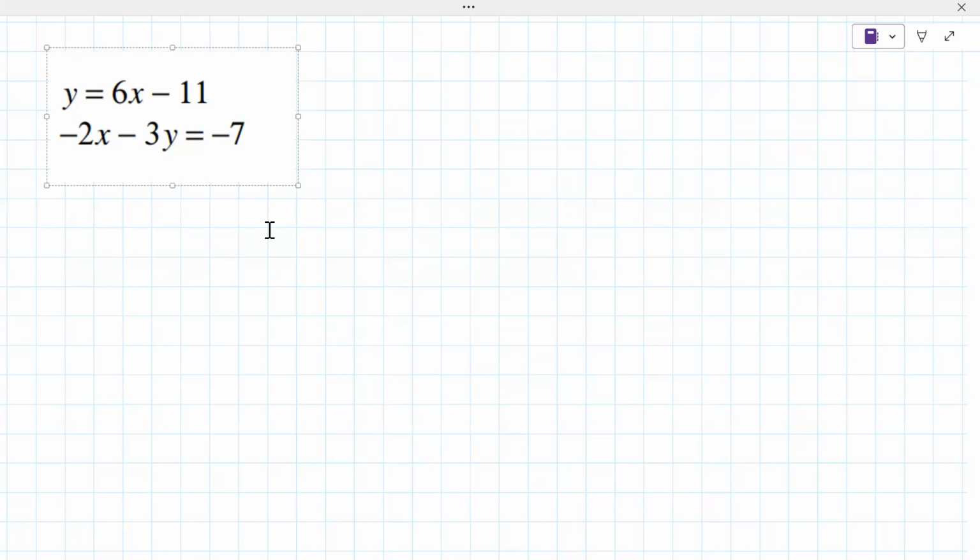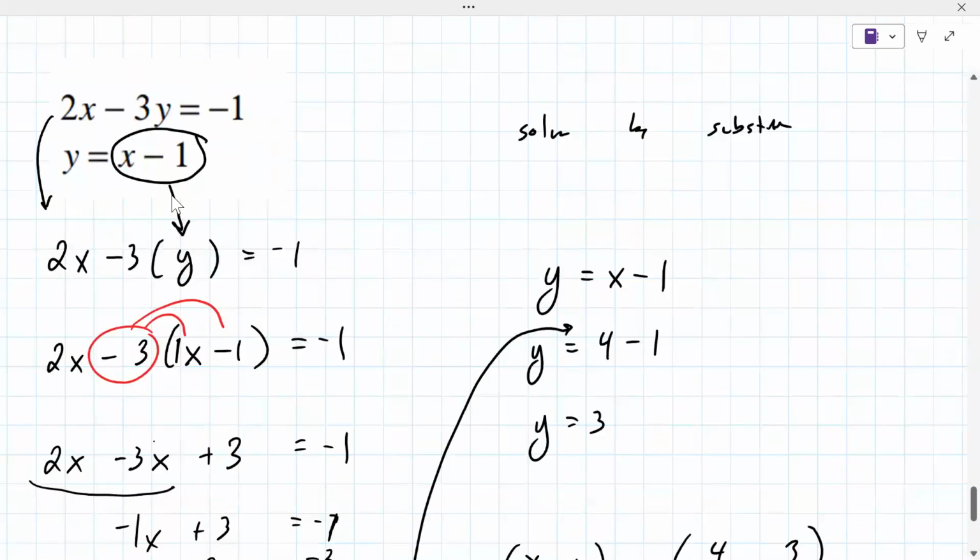I'm not sure how to set this up. Okay, what did we do in the previous problem? What did we do here? You see how one equation is already solved for y? Yeah. And then in the other equation, I rewrote it, but put it in parentheses and then substituted in.